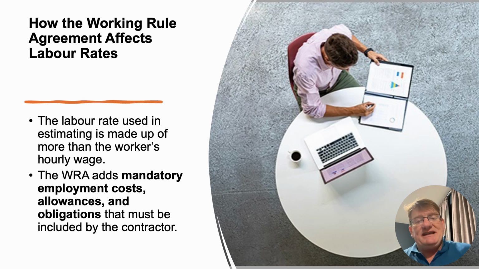So what the P says is, well, how do you work out the labour rate? Well, the labour rate is worked out using what we call the working rule agreement, and that changes each year. And the working rule agreement is basically an agreement between the different employers and employer organisations, the unions, the different professional organisations, particularly the RICS in this case, the Royal Institution of Chartered Surveyors, the Chartered Institute of Building.